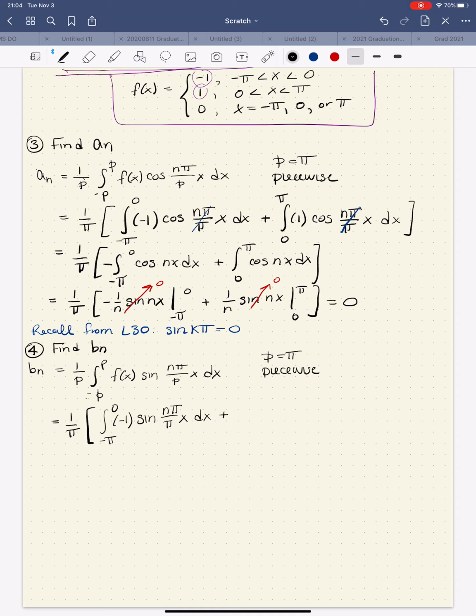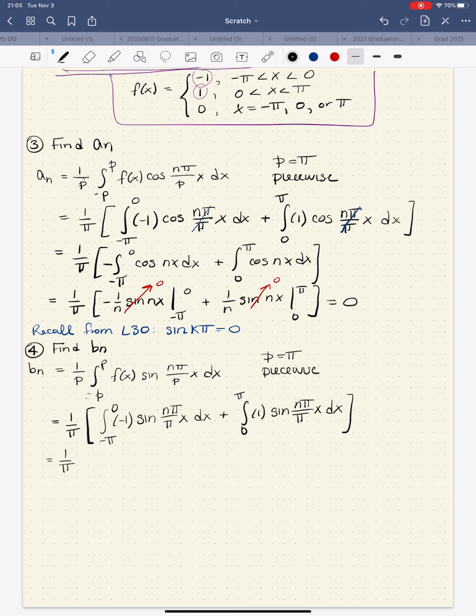So the only difference here between a sub n and b sub n is that we have sines instead of cosines. So plus the integral from 0 to pi of 1, which is our f of x, sine of n pi over pi x dx.